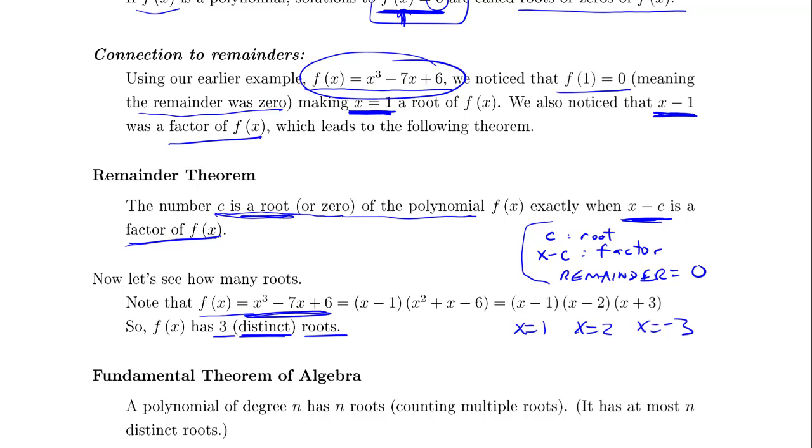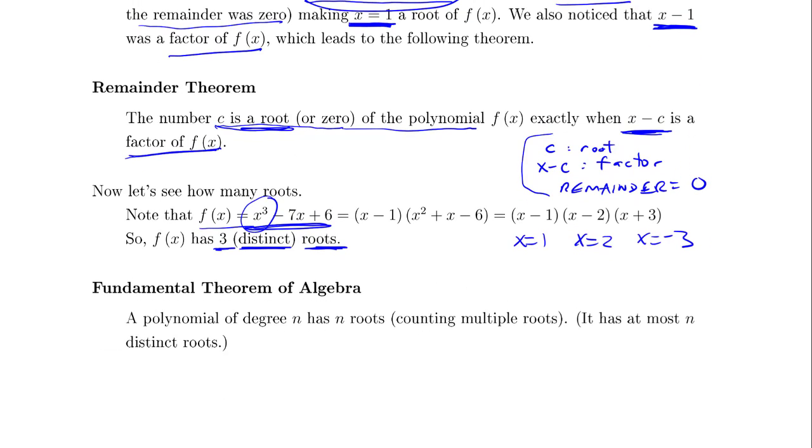Now, they didn't have to be distinct, but it's not surprising that we got 3 roots, because we did a cubic here. When we did a quadratic, we got 2. And when we solved a linear equation, as long as there weren't infinitely many or no solutions, we got 1. So we're getting a number of roots that matches the degree of the polynomial.